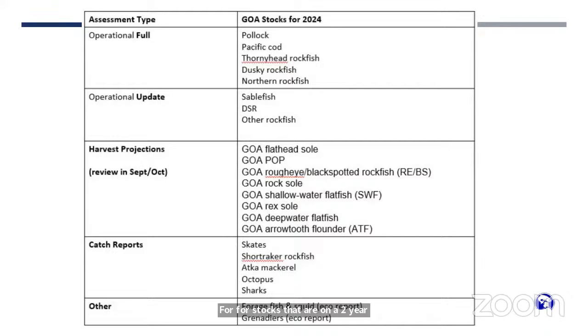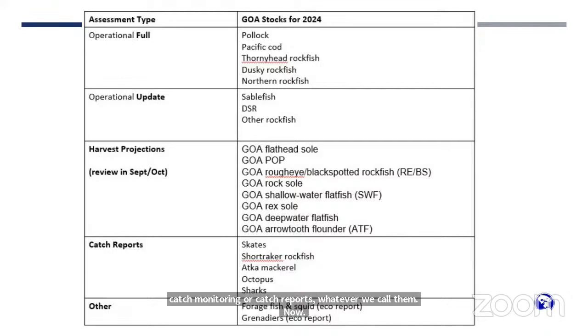We don't need to do harvest projections, and we could consider catch monitoring in the SAFE instead. And then for 4-year stocks, perhaps consider harvest projections halfway through and catch monitoring or catch reports, whatever we call them now, otherwise.